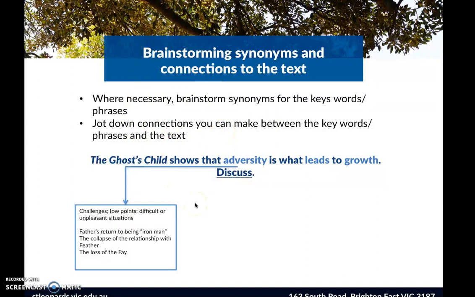So already when I'm thinking about low points or unpleasant situations encountered by the characters, if I'm focusing on Maddie, I'm thinking about, well, father's return to being the Iron Man, his abandonment of Maddie, the collapse of her relationship with Feather, the loss of the Fae. I'm just starting to brainstorm some really key moments of adversity, of what that keyword makes me think of.